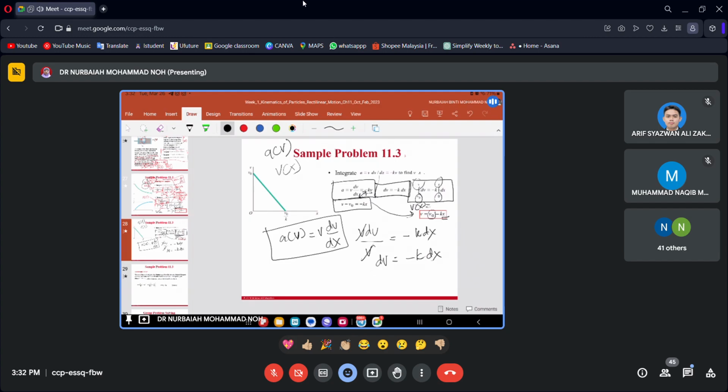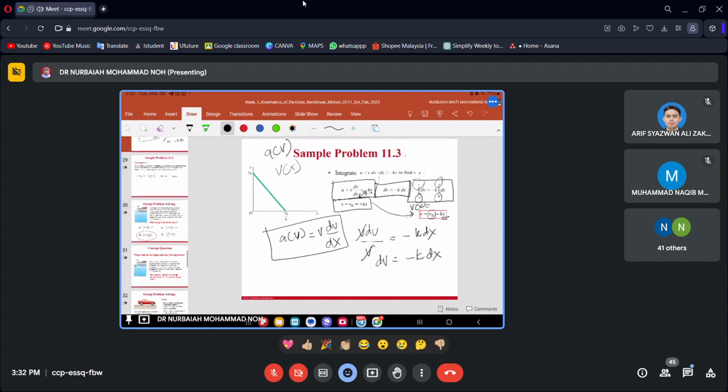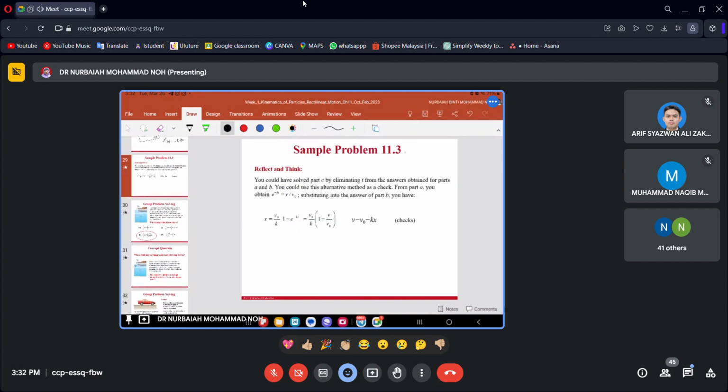Okay, ada soalan? Ada soalan? No question? Okay, so these are alternative solutions to get the v as a function of x, yang mana kita just work with between a and b.